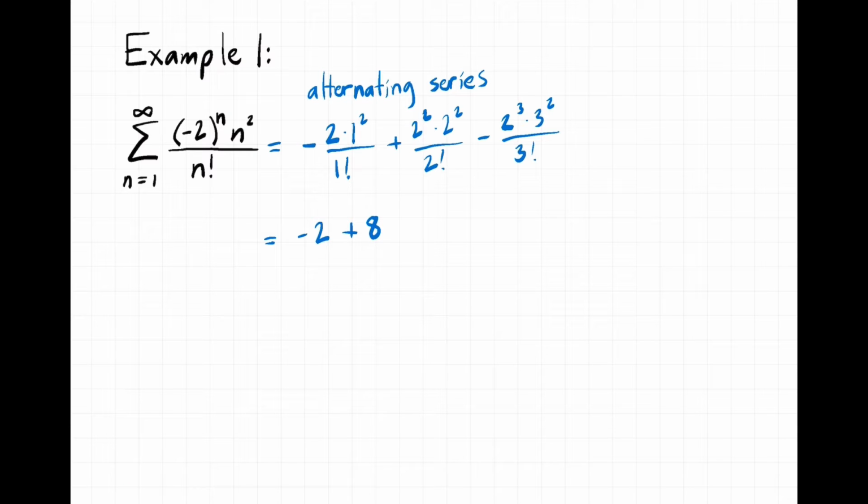So let's see, we've got 8 times 9 divided by 6. 3 factorial is 6. So we're going to end up with 8 times 9 is 72, divided by 6, we get 12. So minus 12. So far, it's looking like our series might be diverging.